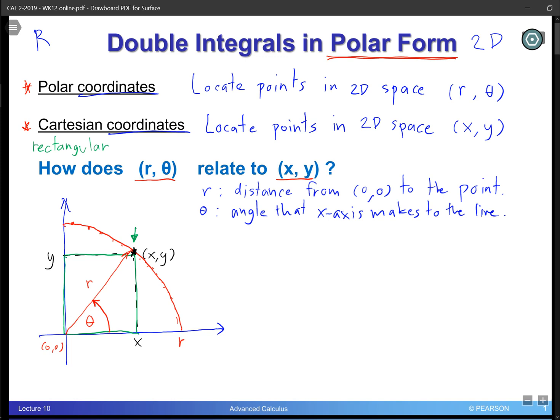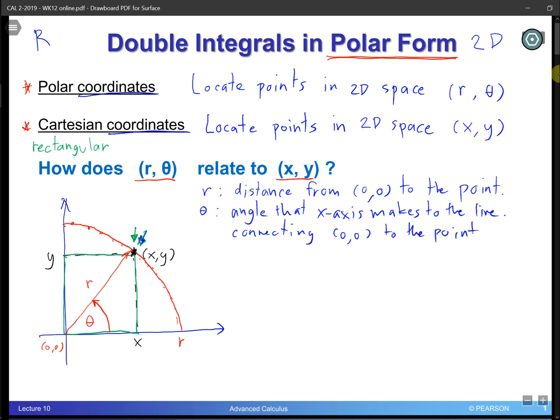It's kind of long here, but you need to write all of this. So with these two variables, r and theta, we can specifically locate this point in the space.